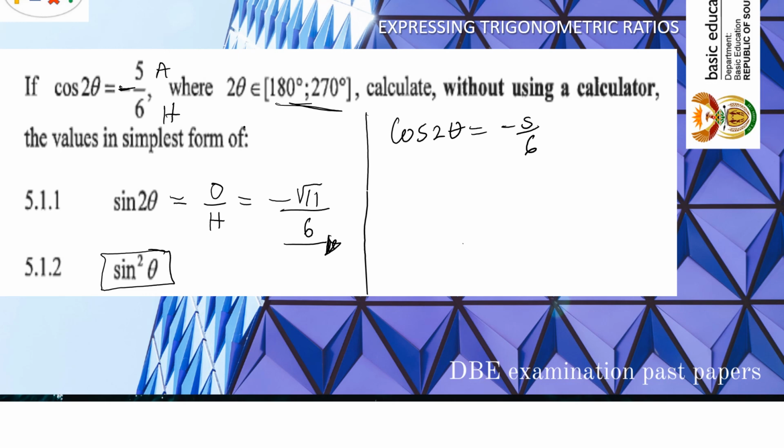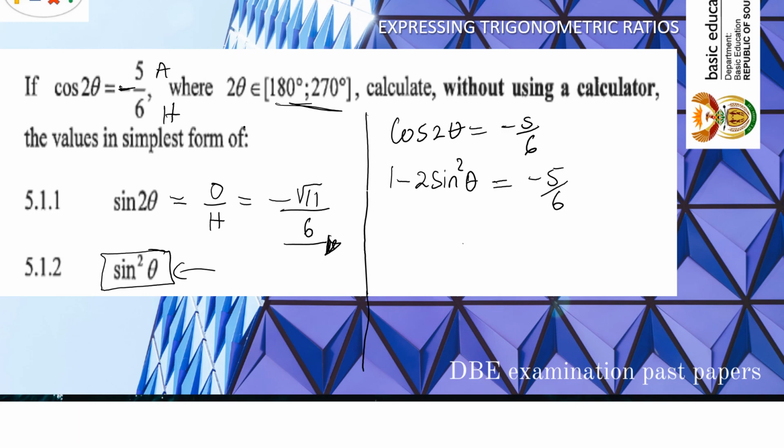We know that there's a rule here. We can change this rule to sine because here we want to solve for sine, right? When you change it to sine, it becomes 1 minus 2 sine squared theta is equal to minus 5 over 6. You can see now we are able to solve for our sine squared theta, right?